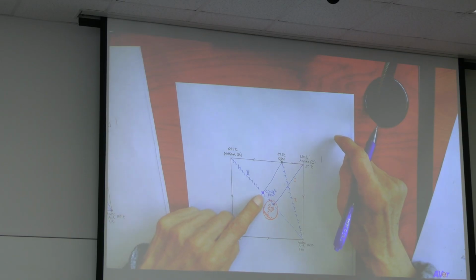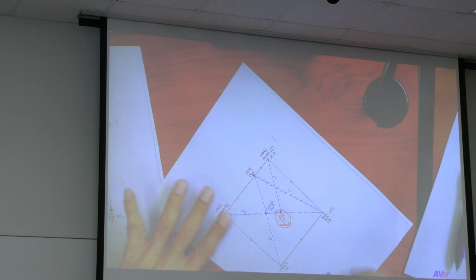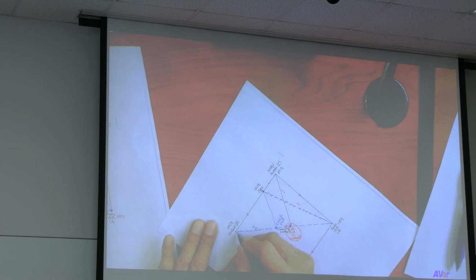You must have this point. You look at this distance, methanol, this distance.